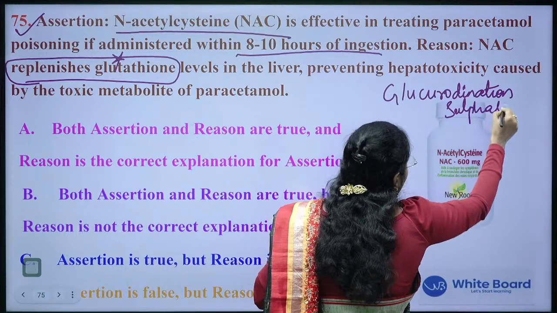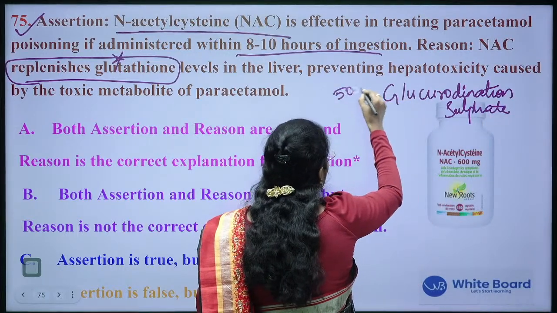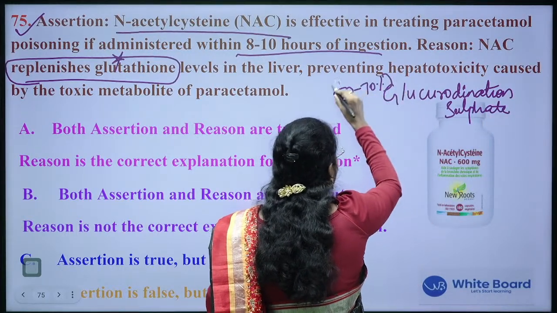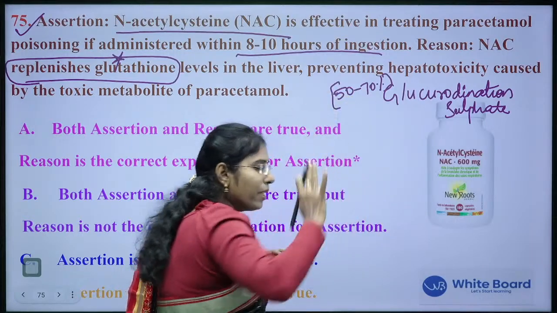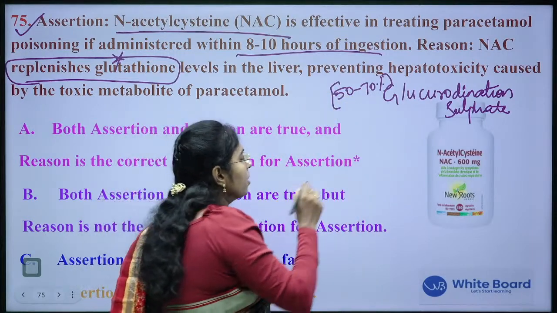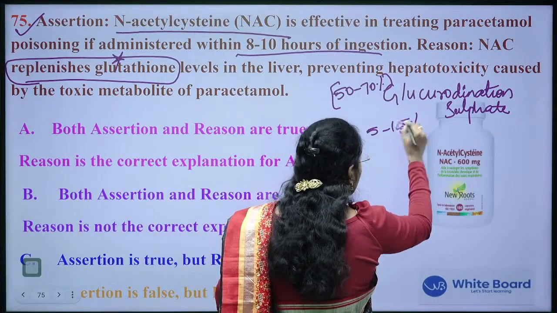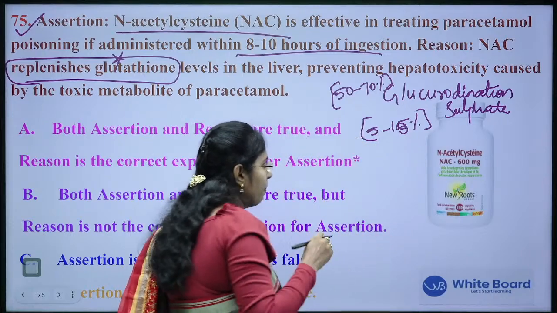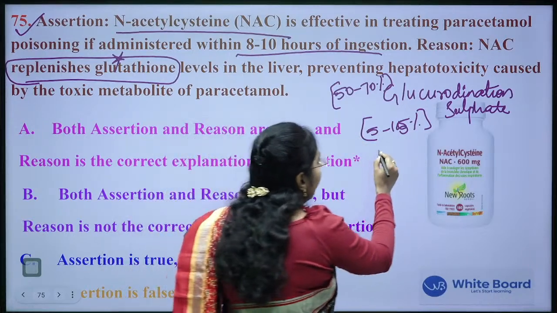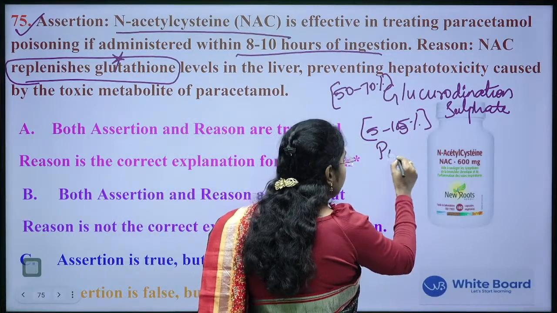Generally about 50 to 70% of paracetamol will be eliminated by this major pathway, but 5 to 15% will be metabolized by the P450 enzyme, by oxidation.